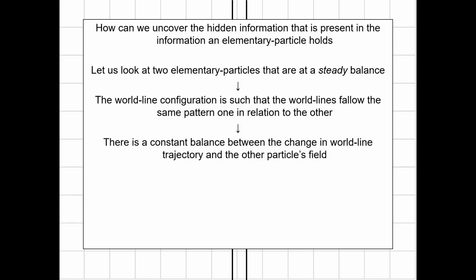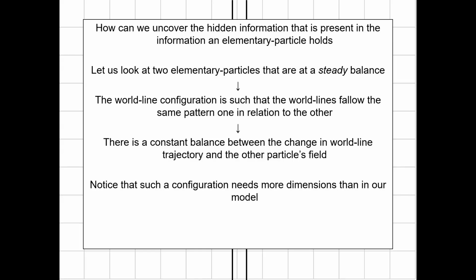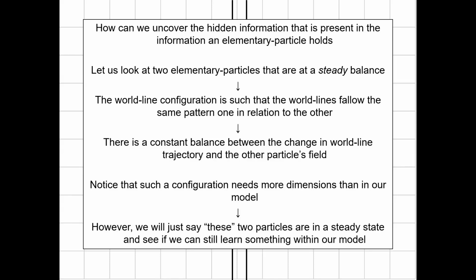So there is a constant balance between the change in the world line trajectory and the other particle's field. Now notice that such a configuration needs more dimensions than in our model. Nonetheless, we will just say these two particles are in a steady state and see if we can still learn something with the constraints of our model.